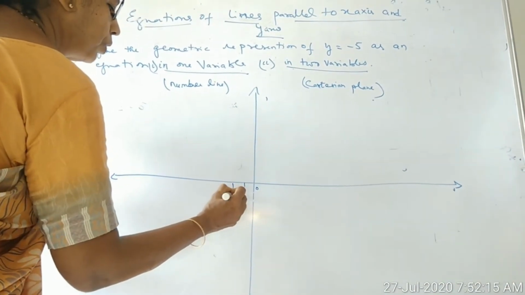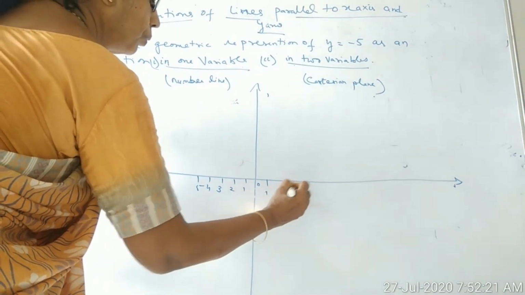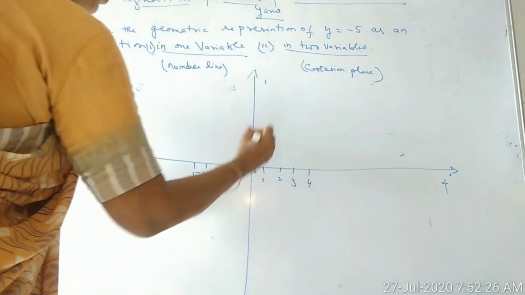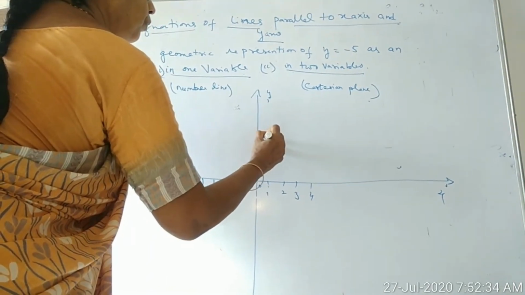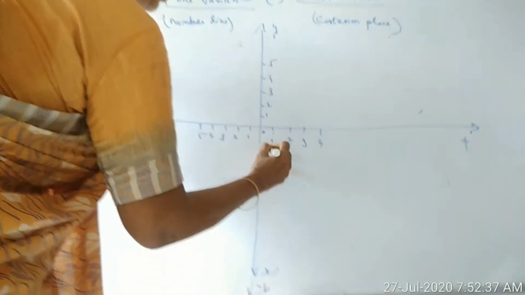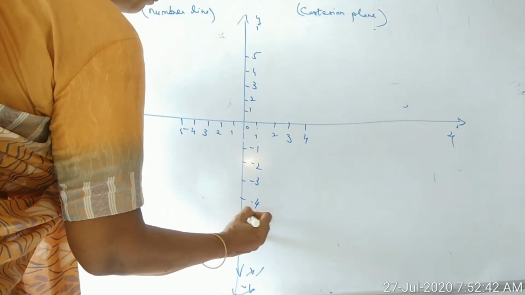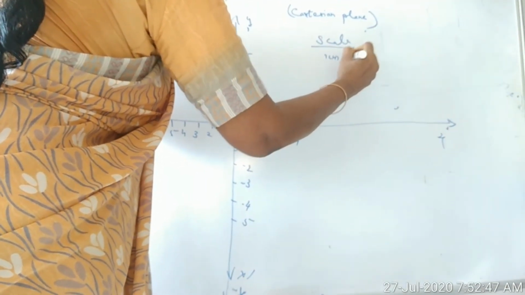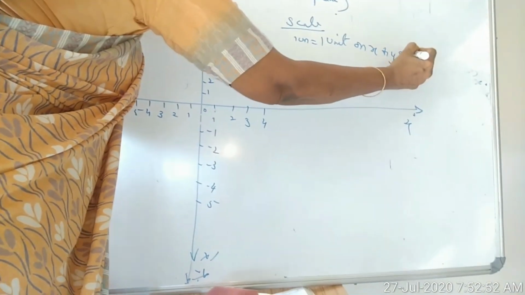Zero, 1, 2, 3, 4, 5, x dash, y dash, 1, 2, 3, 4, 5, minus 1, minus 2, minus 3, minus 4, minus 5. Don't forget the scale, children. 1 centimeter is equal to 1 unit on x and y axis.